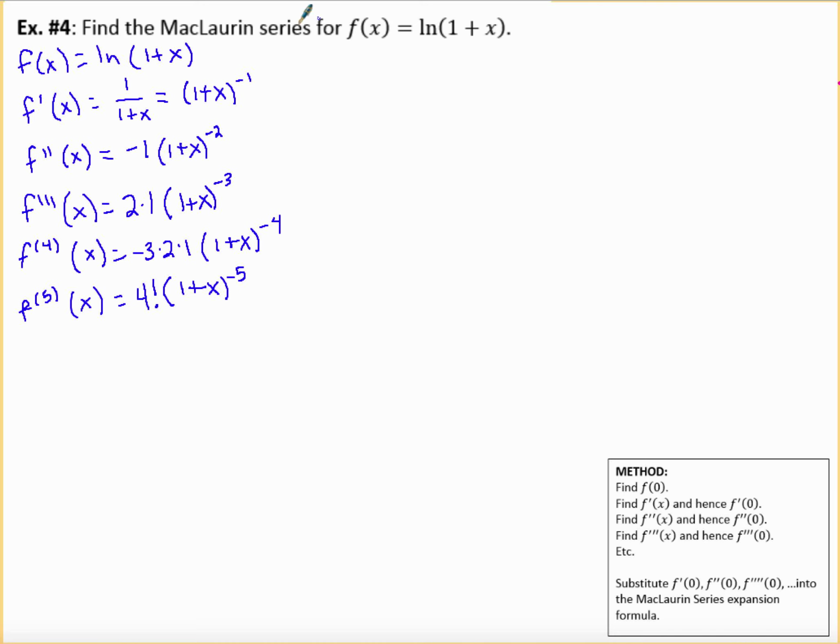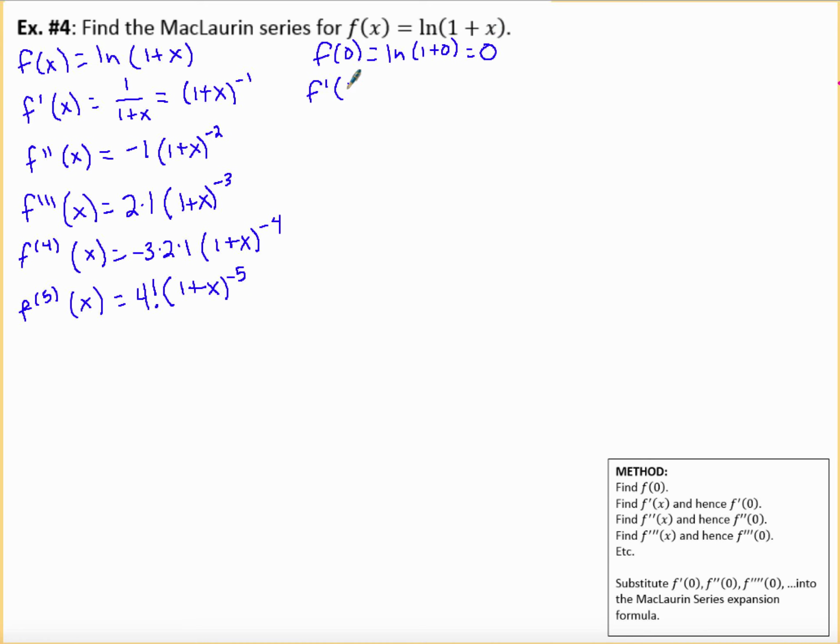Now let's see. We are looking at the Maclaurin series, so I'm going to be centered at 0. So we're going to find f of 0. f of 0 is ln(1 + 0). Well, 1 plus 0 is 1, so ln 1 is 0. Gotta love that.